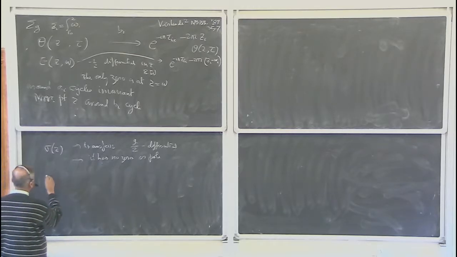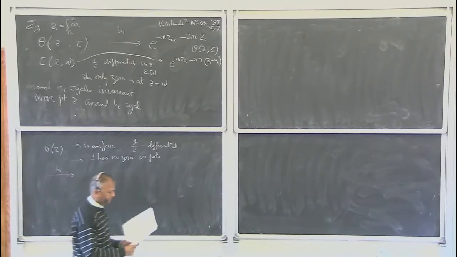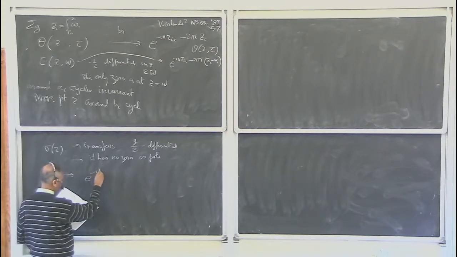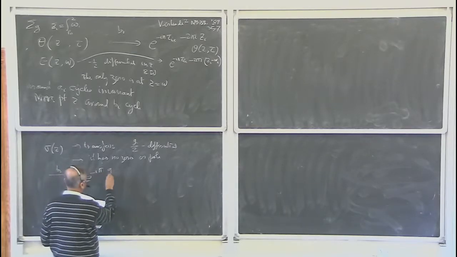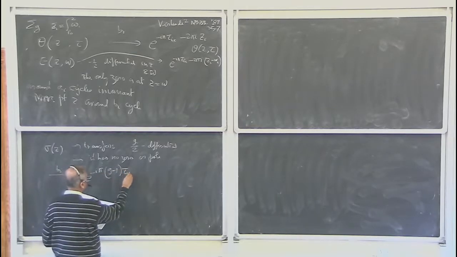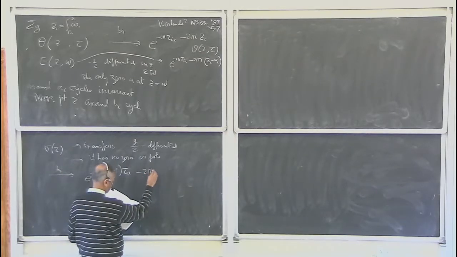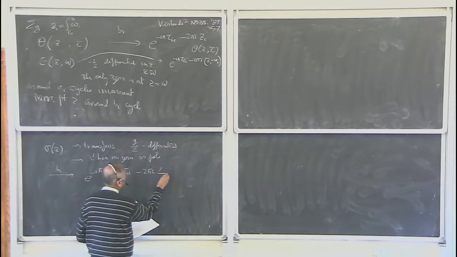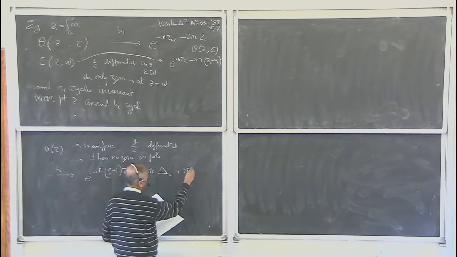the B cycle. So if I move around the B cycle, B_i cycle, it is e to the power of minus i pi (g minus 1) tau_ii minus 2 pi i delta_i plus 2 pi i.